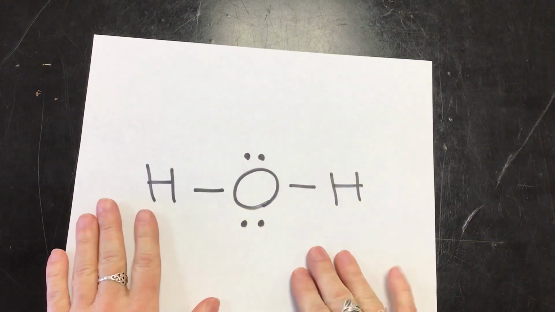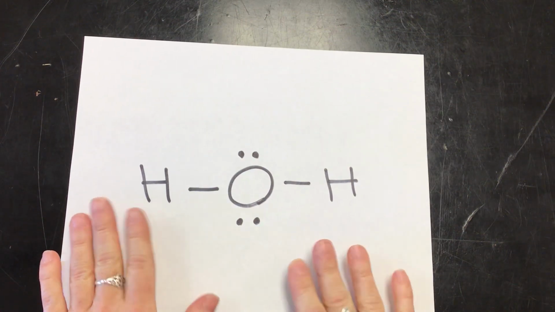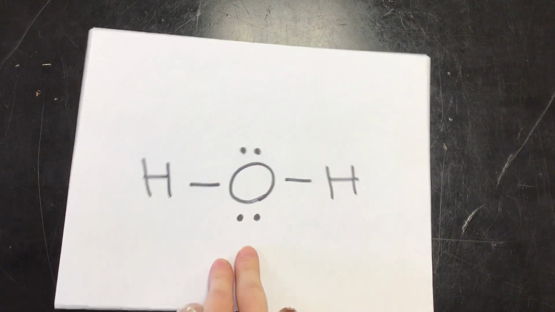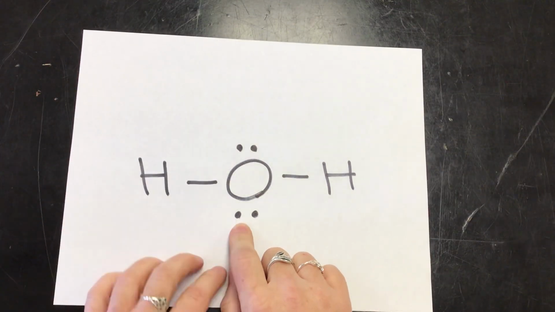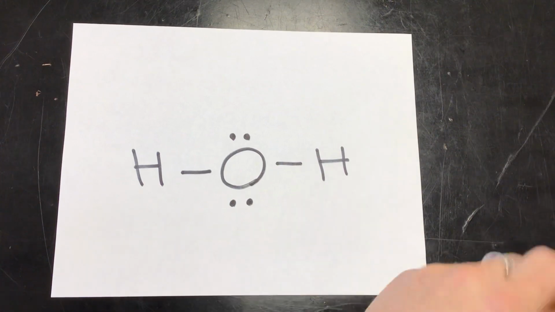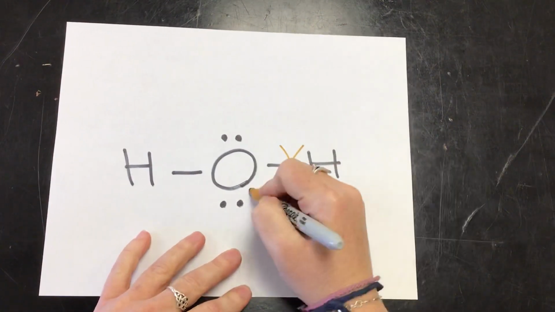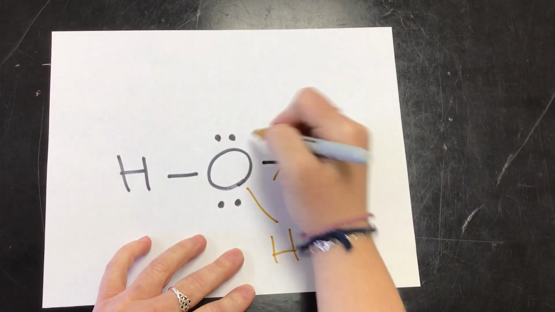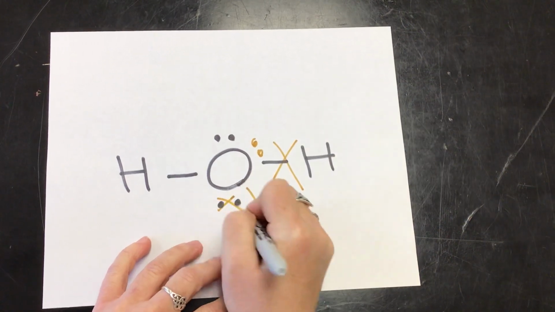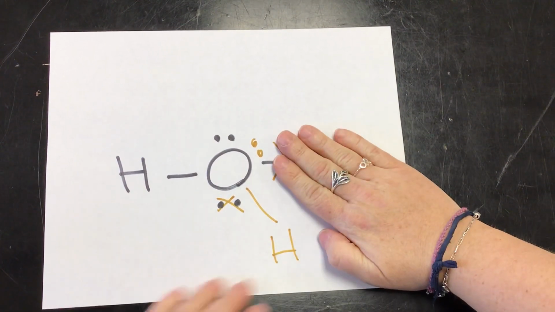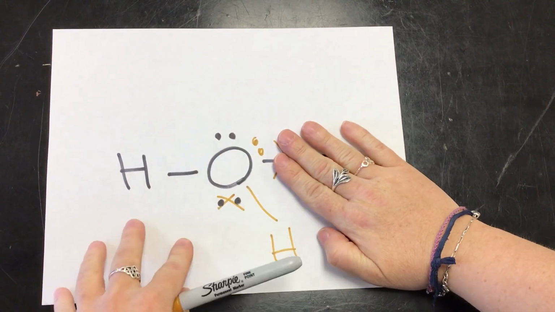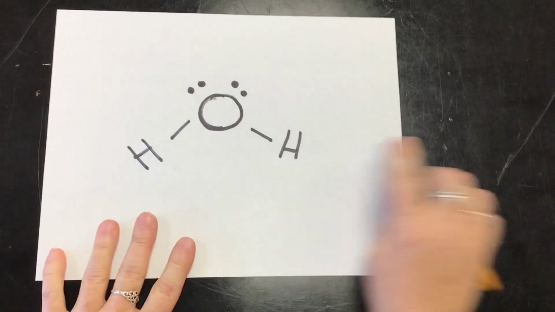So even though this Lewis dot structure is correct, it would be very difficult to figure out the polarity of water if we don't recognize, oh, there are unshared pairs on the central atom. So really what I need to do is bend one of the hydrogens and draw my oxygen on the same side, so that then we are able to determine that this is going to end up being a polar molecule. So I'm going to walk you through that now.